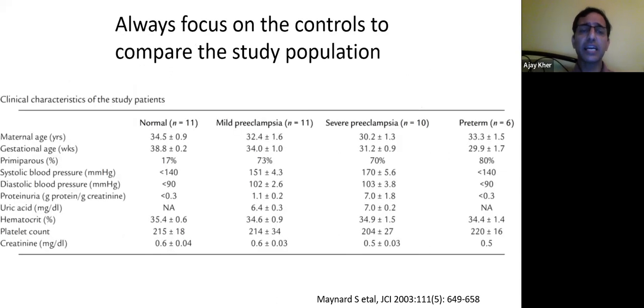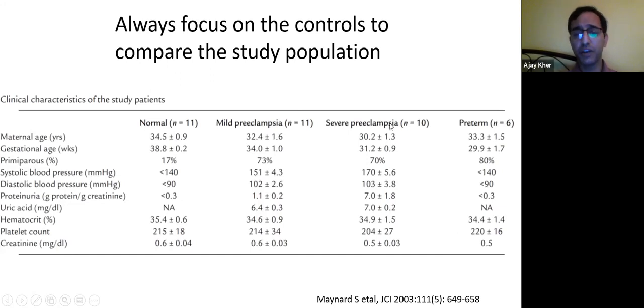Next, they look at their study comparison and their control groups. They have 11 normal pregnancies, and their gestational age at the time of delivery is 39 weeks. There's mild preeclampsia in 11, and their gestational age is 34 weeks. As expected, they have high blood pressure, while the normal pregnancies don't. Normal pregnancies don't have proteinuria, and they have normal hemoglobin, platelets, and creatinine. Those with mild preeclampsia have proteinuria and higher uric acid levels, and their creatinine is normal.